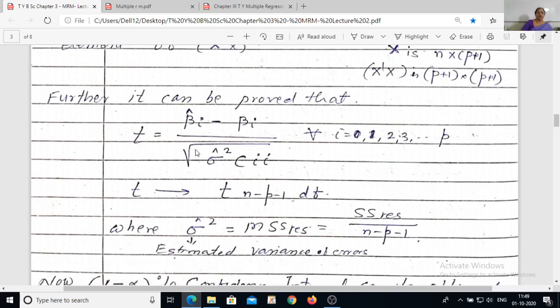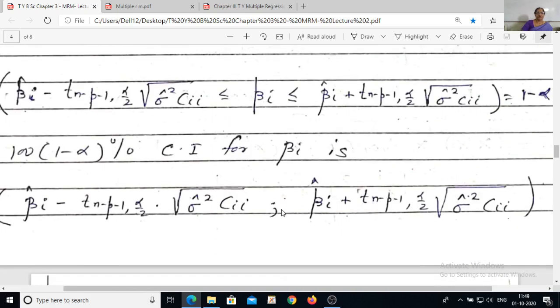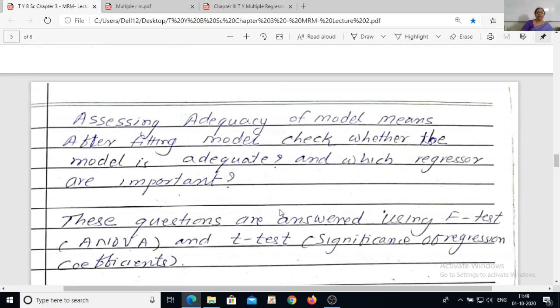This follows t distribution with n minus p minus 1 degrees of freedom. By considering this fact, we can check the significance of your regression coefficients beta I. That is the second criterion for assessing the adequacy of the model.